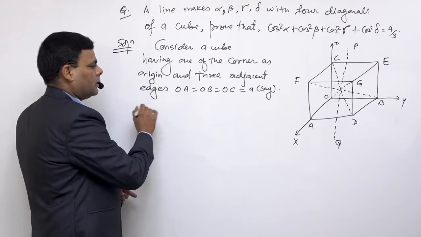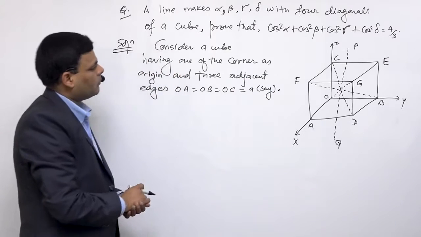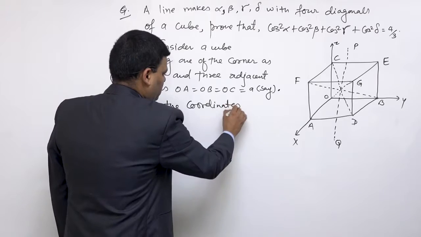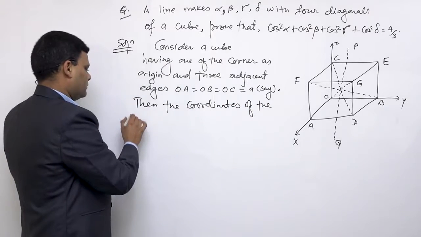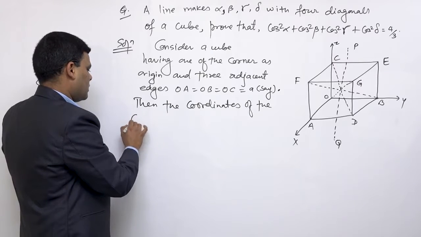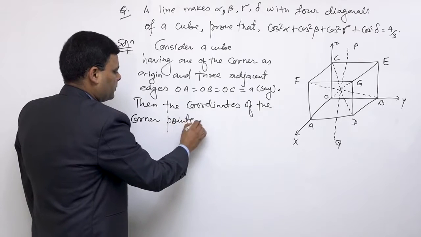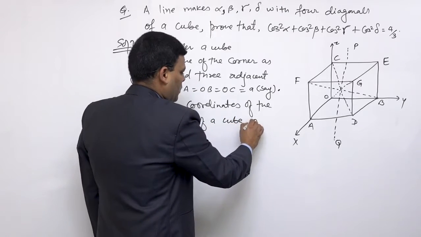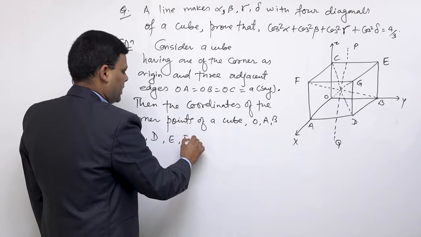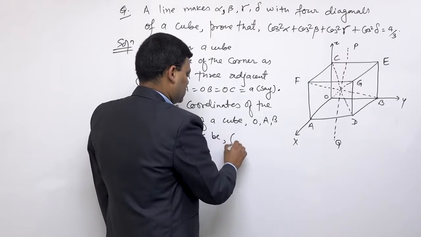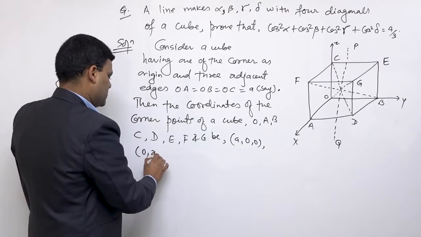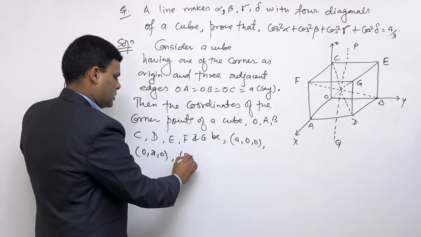Let the length be a. Then the coordinates of the corner points of the cube O, A, B, C, D, E, F and G: A is (a, 0, 0), B is (0, a, 0), C is (0, 0, a).